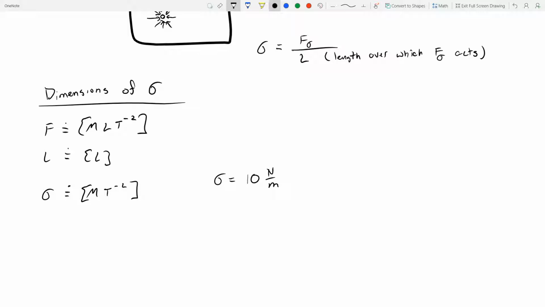Now, if we decompose the force here into our mass, length, time system, what we see is that this has dimensions of mass, length, time to the -2, over length. Or if we decompose the units, we may say that this is equal to 10 kilograms meters per second squared over meters, in which case the meters cancel out. We end up with mass times time to the -2, and the value stays the same.